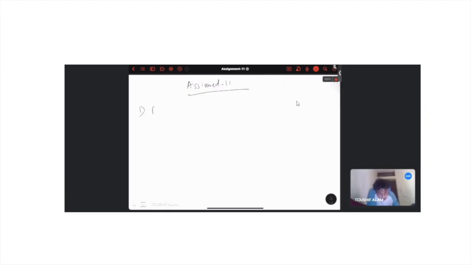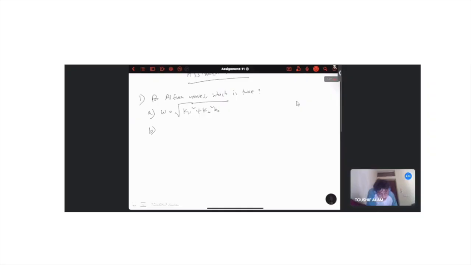For Alfven waves, which is true? Option A: omega is root over k parallel square plus k perpendicular square, b naught.